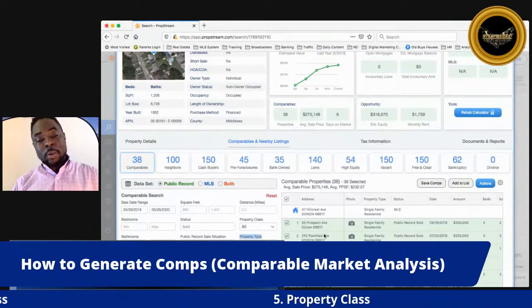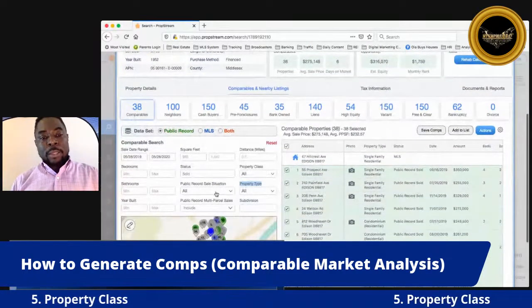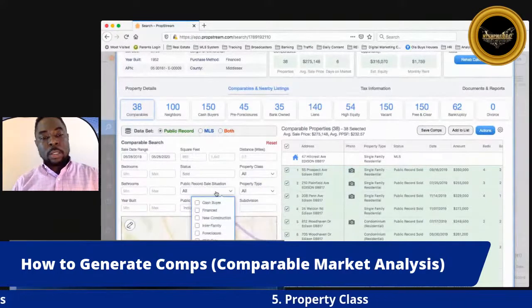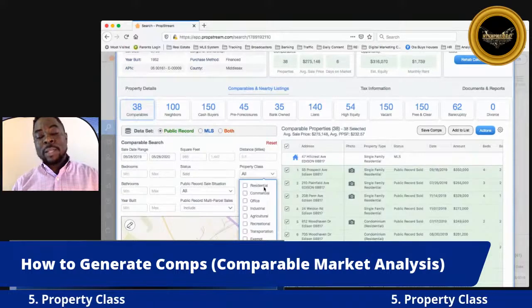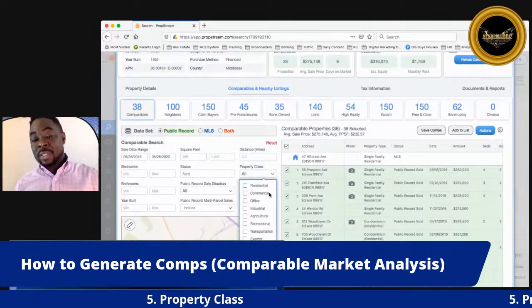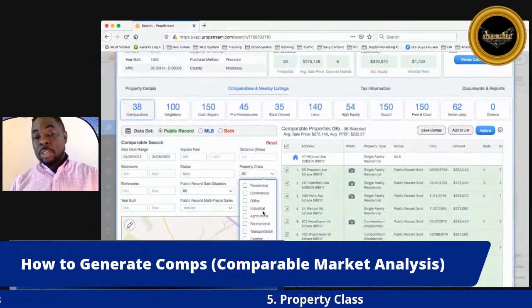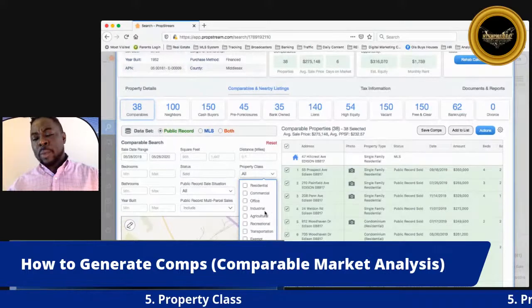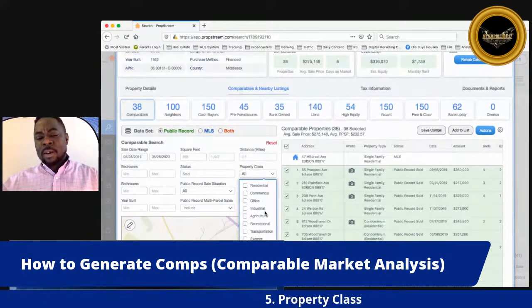So if we go here on my screen and we look at this one, property class, residential, you see there are multiple different classes: commercial, office building, commercial building, it could be warehouses and stuff like that. Industrial is more like warehouses, but around tanks, oil tanks and stuff like that.